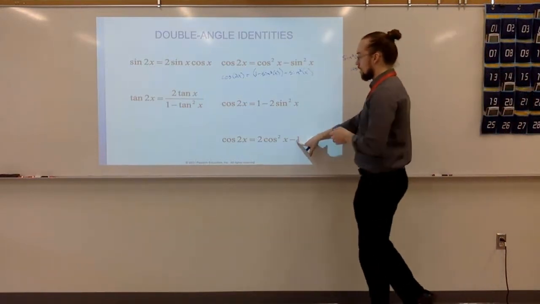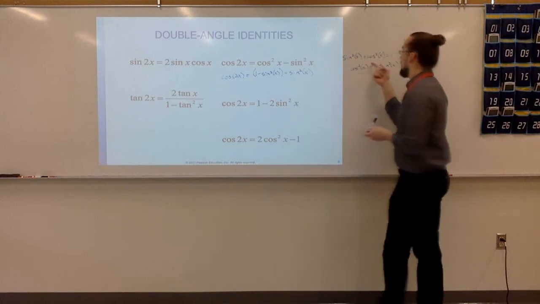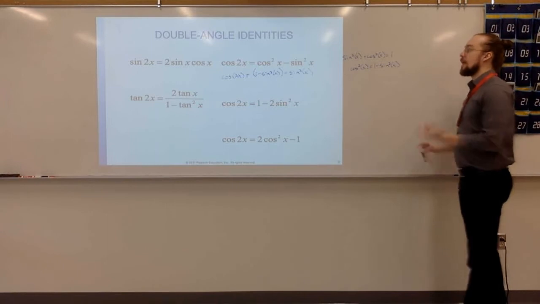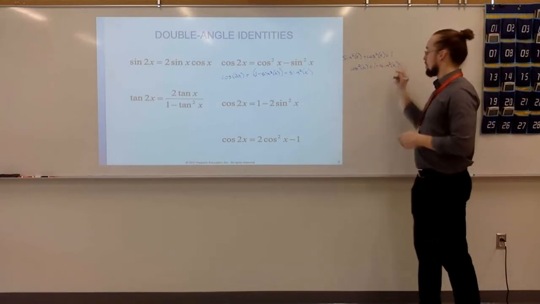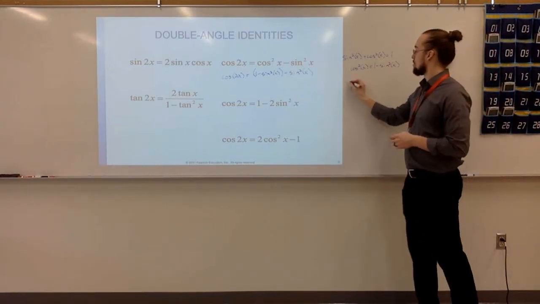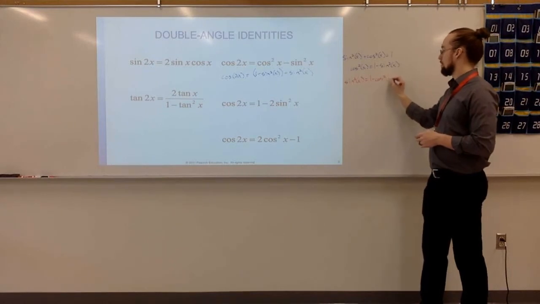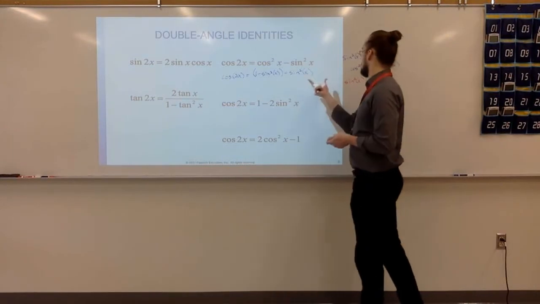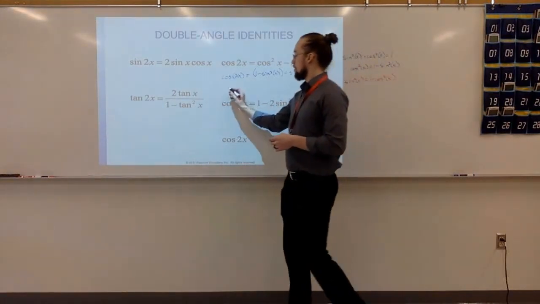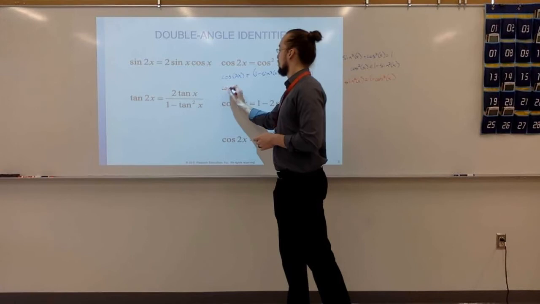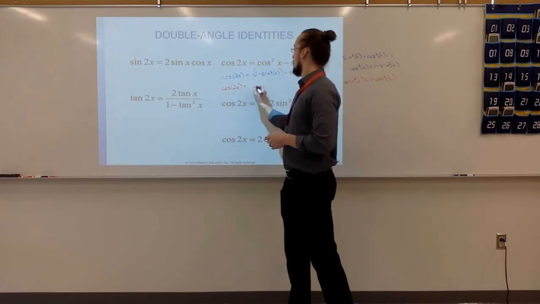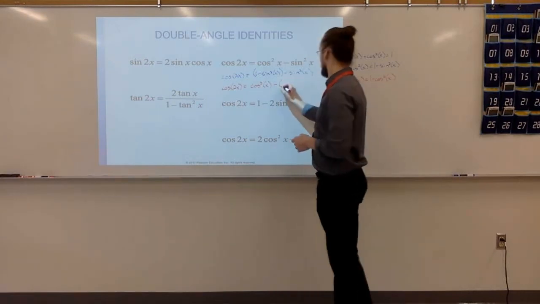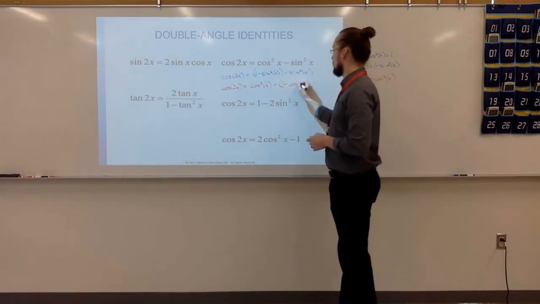Similarly, to get this one down, I could take my original Pythagorean identity and subtract cosine squared over. Make this sine squared equal 1 minus cosine squared, and then substitute this in place of sine squared. So we could make this cosine of 2x equal cosine squared of x minus (1 minus cosine squared of x).